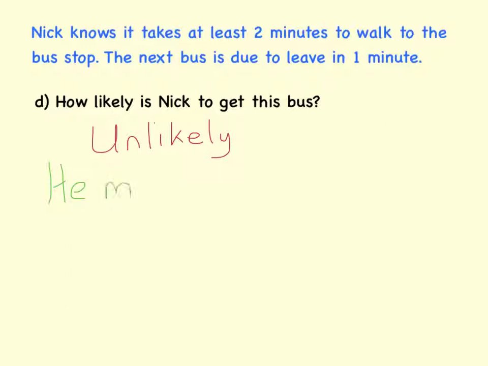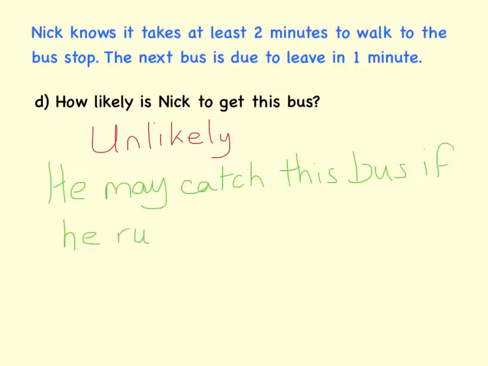And you could choose. He may catch this bus if he runs, because we're told that it takes at least 2 minutes to walk. If he runs, he could possibly catch it. So either of those answers would get you the mark.